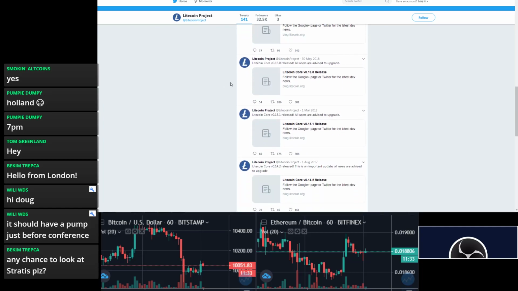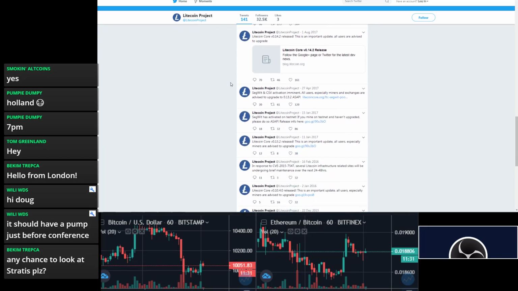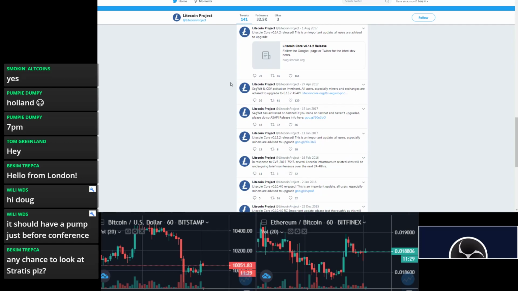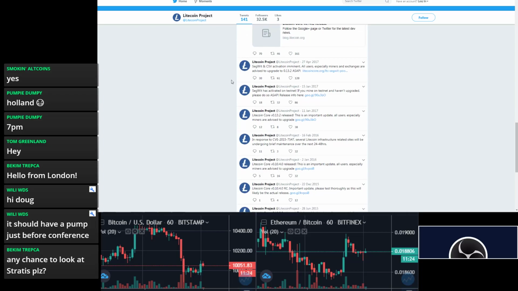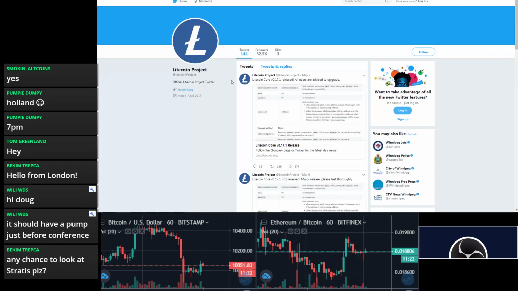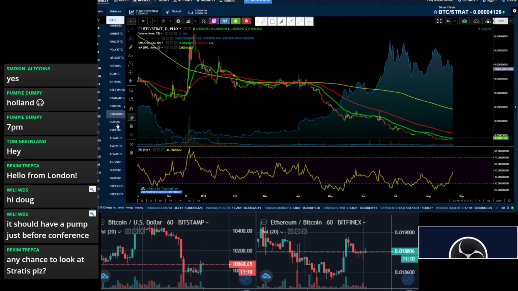So this is lots of security releases for the new node setup, which is always a pain. Put something in, then patch the next day, patch the next day, patch the next day. Killer for sure. So I guess Litecoin isn't giving me anything new right away. But let's go take a look at the Litecoin chart. And I'm going to go back to BitMEX. Is that right? Yes, I think.